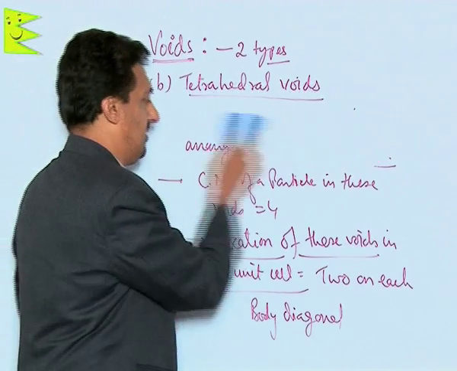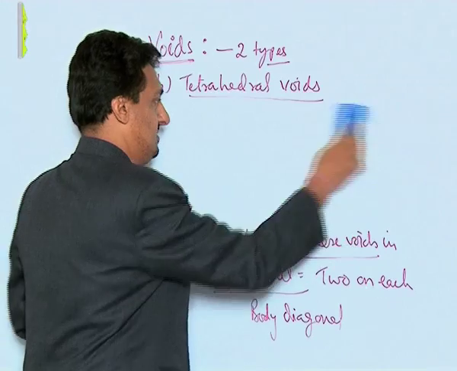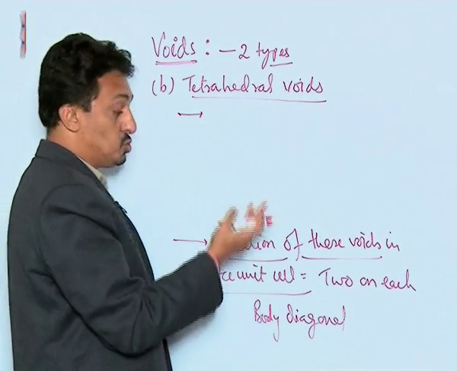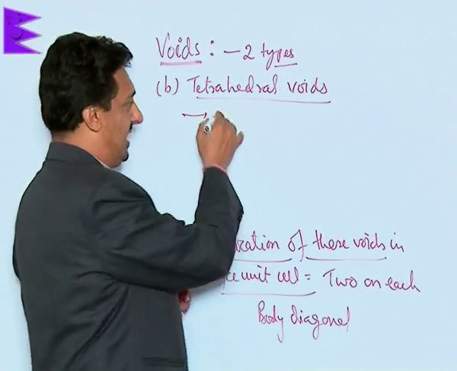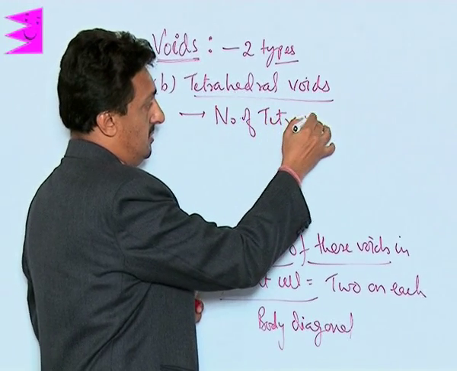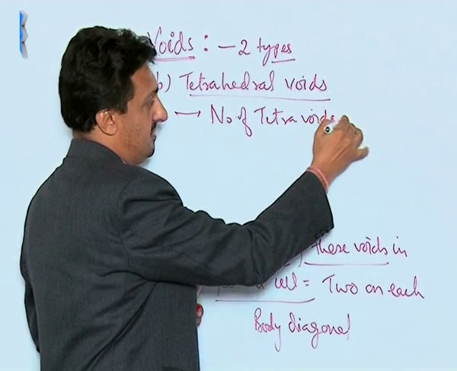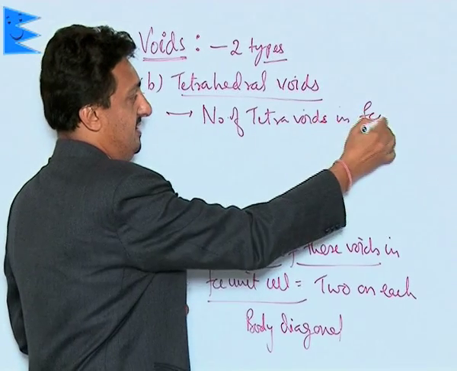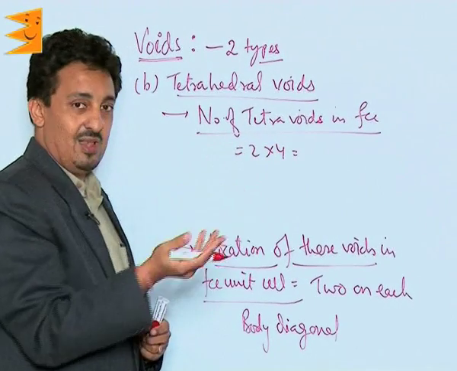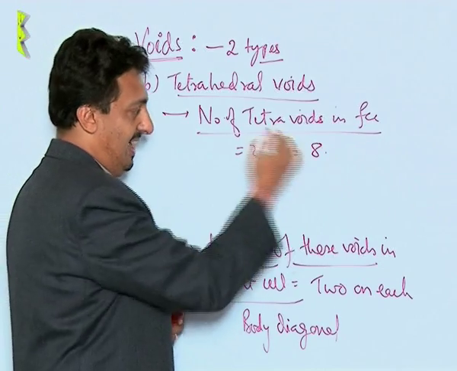So now let us do the calculation part. We know if there are 2 tetrahedral voids on each body diagonal, then the number of tetrahedral voids in FCC will be 2 into 4, because each cuboid has 4 body diagonals, so it is 8.